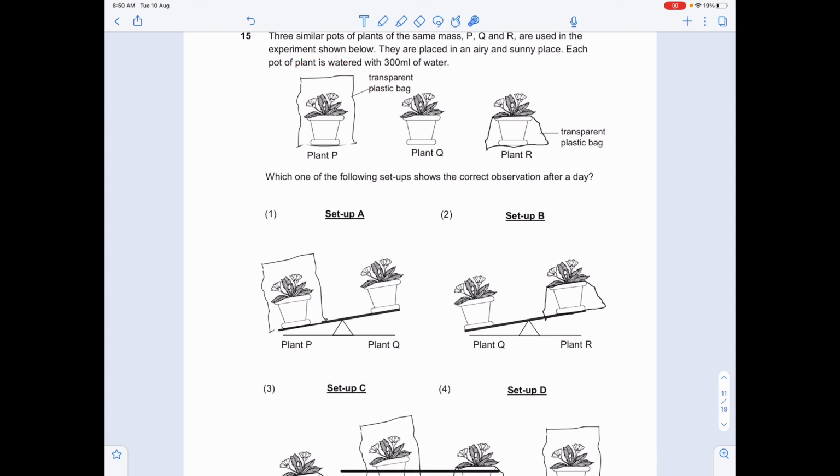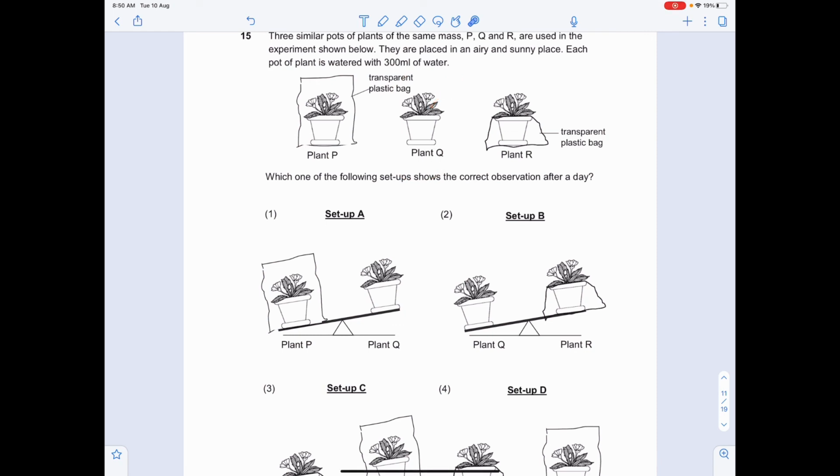So for example, in P, any water loss is going to condense onto your plastic bag. So in a way, it doesn't really leave the system completely. And then in Q, any water loss is going to just be lost to the environment.